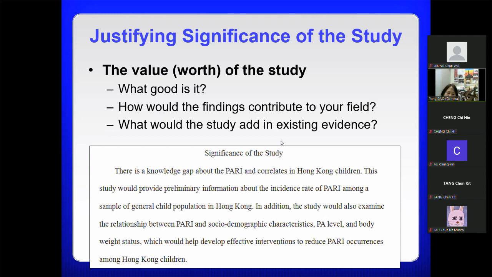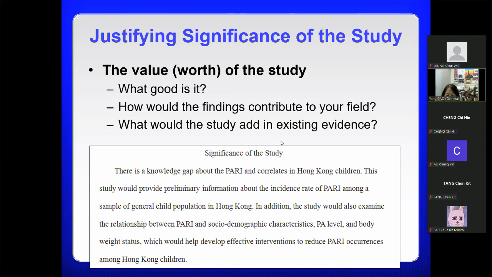So here gives an example of the description of the significance of the study. Let me have a look together here. There's a knowledge gap about the injuries and the correlates in Hong Kong children. So this study will provide preliminary information about the incidence rates.